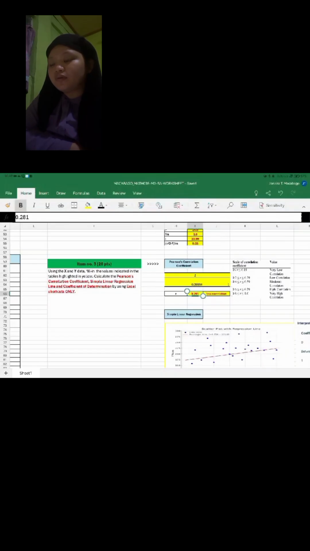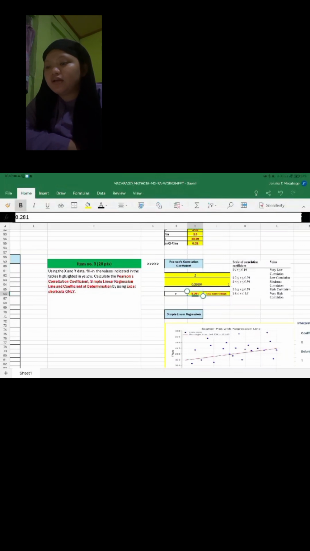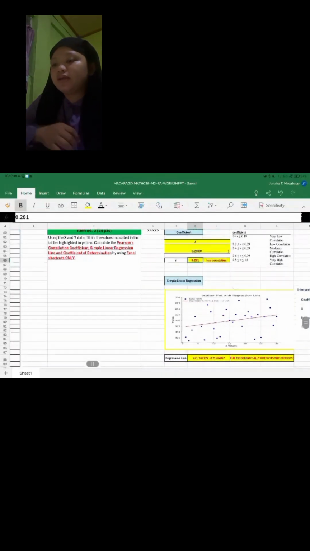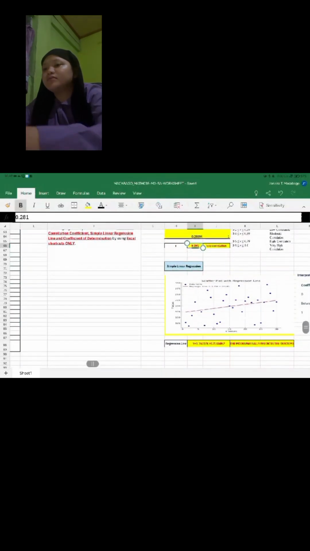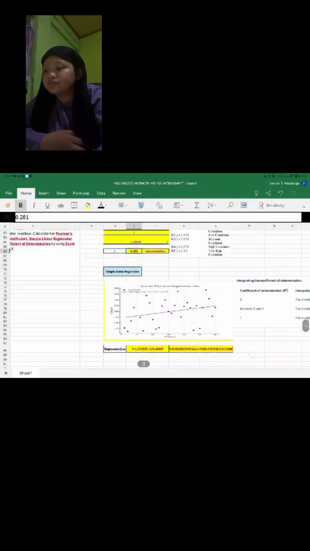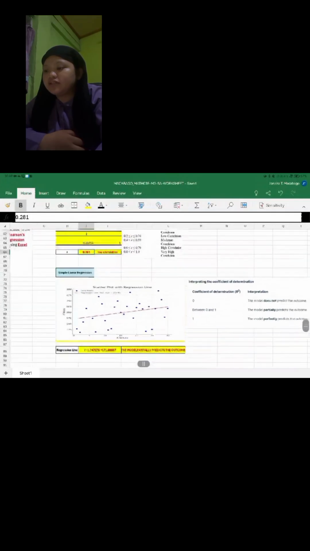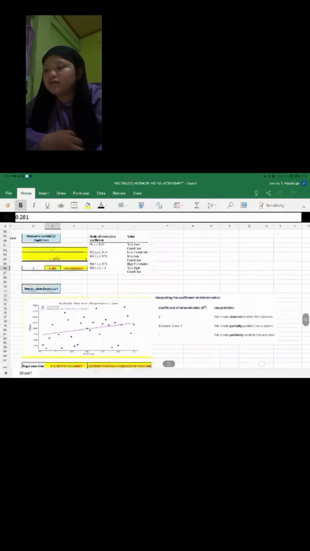If it's lower than 0.39, it's going to be a low correlation. You can see the plot here and the regression line. And that's all.